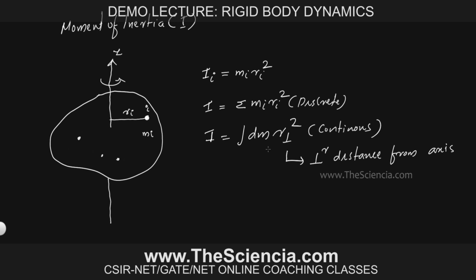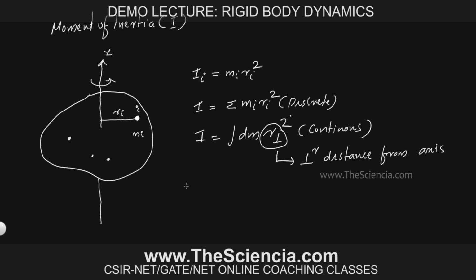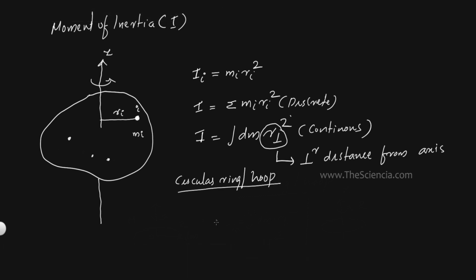And what is the importance of this r perpendicular? Let us consider the case of a circular ring or hoop. This is a circular ring and it is rotating about the z axis. The radius of this ring is capital R and the mass is m.